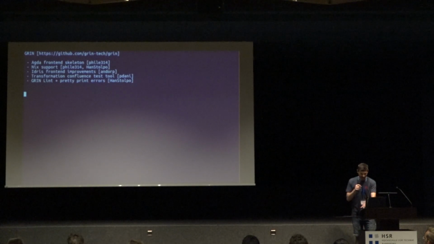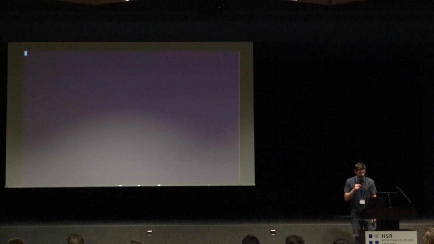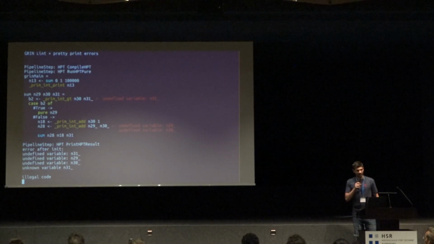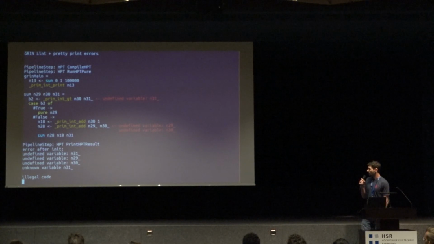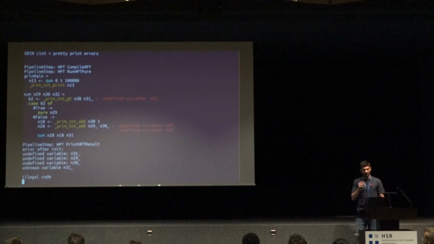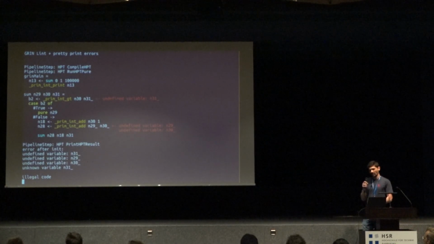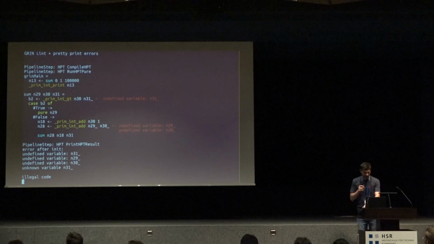So let me do the demo. This is an example of the pretty printing and the linting. Good tooling is very helpful if you develop compilers, because errors always happen, and let's make the debugging as easy as possible.